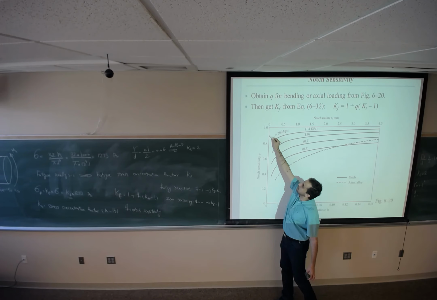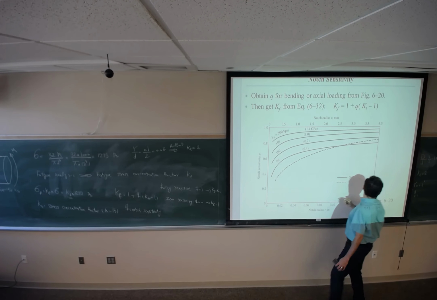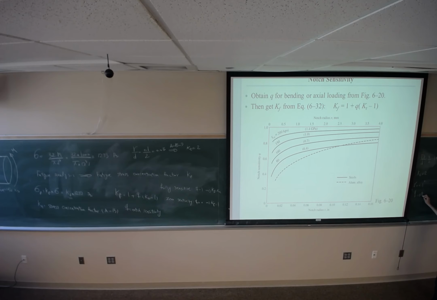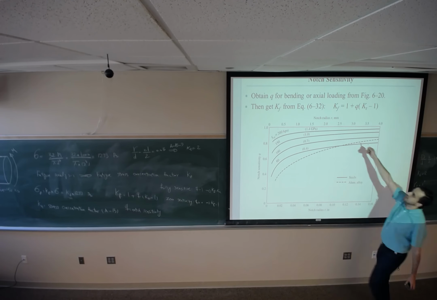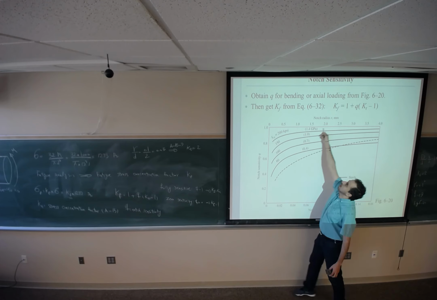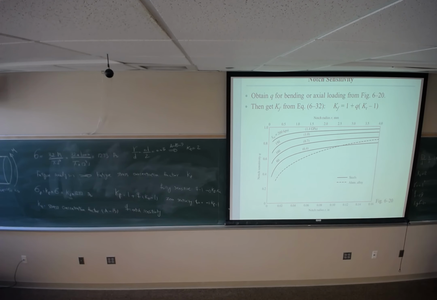It's about 0.9. Figure 620. This is how I can find Q. If the notch radius is in millimeter, you can look at the numbers on the top and find the corresponding Q.